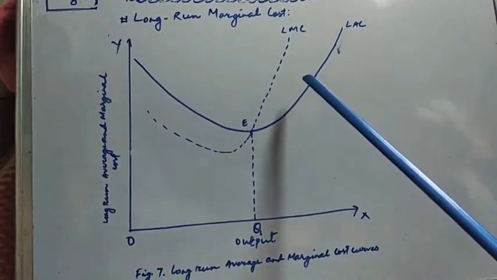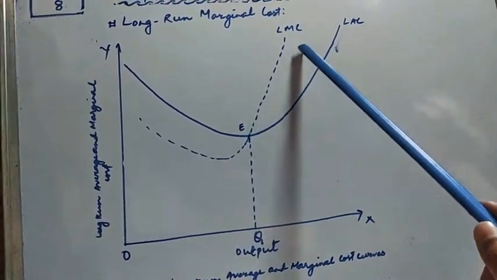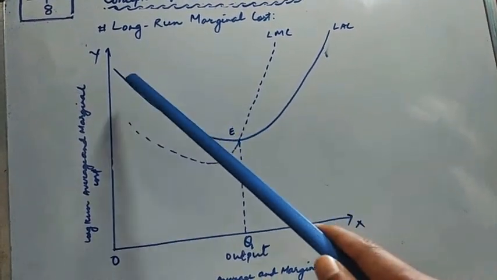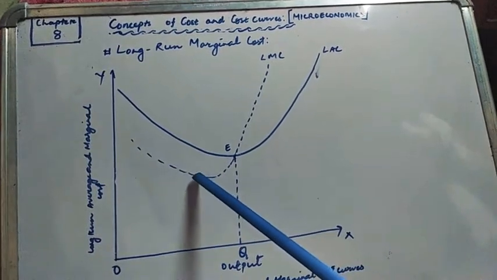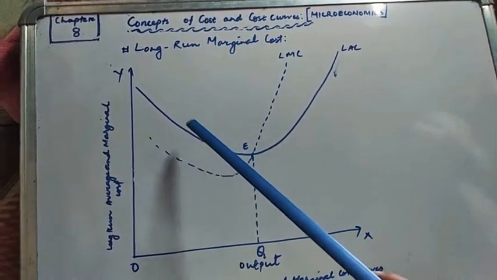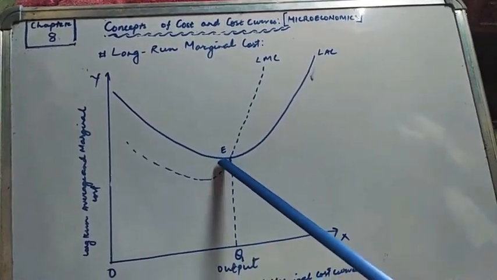And even here, we cannot predict the direction of LMC according to the LAC, because when LAC is falling, LMC might either be still falling or rising. But we can say that when LAC is falling, LMC is below LAC.